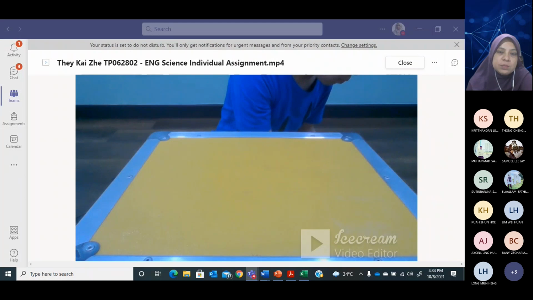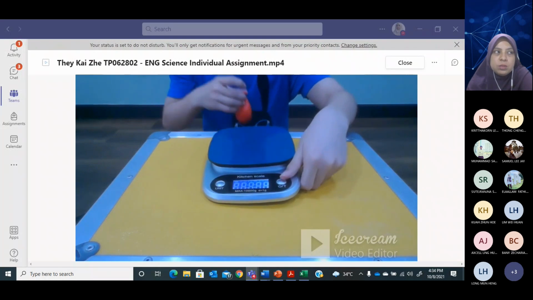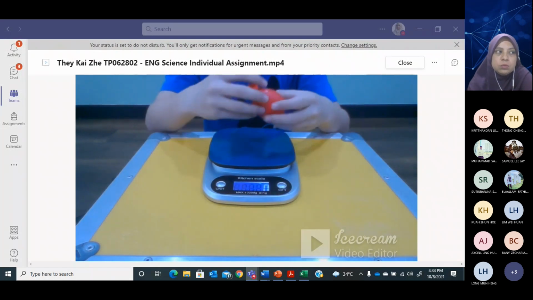So you can see the experiment, quite a lot of effort, right? Got two different objects. One is the rock, one is the water balloon.